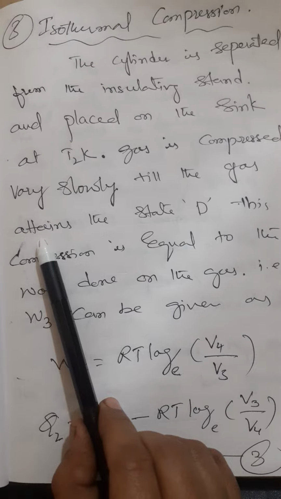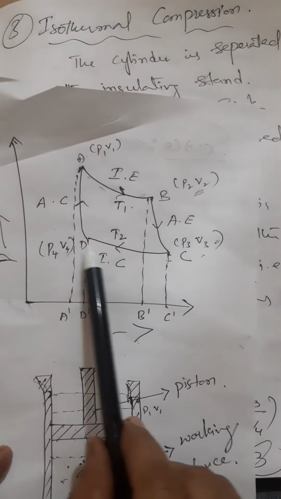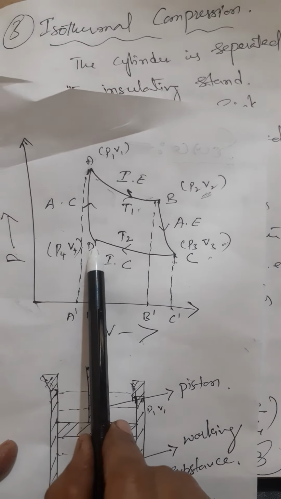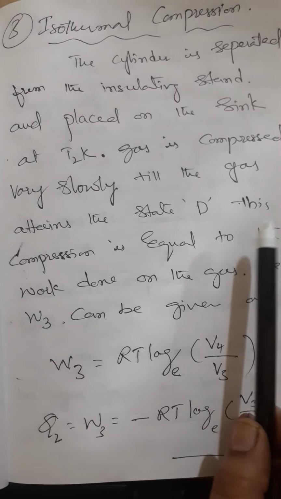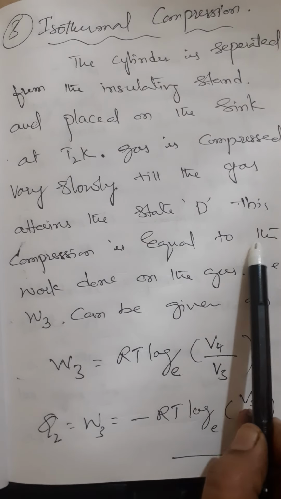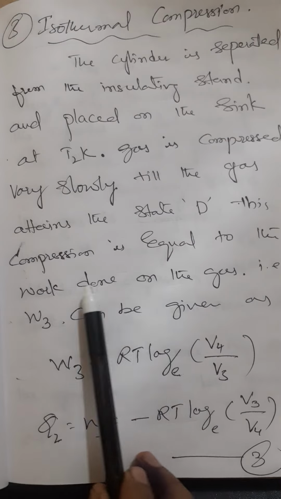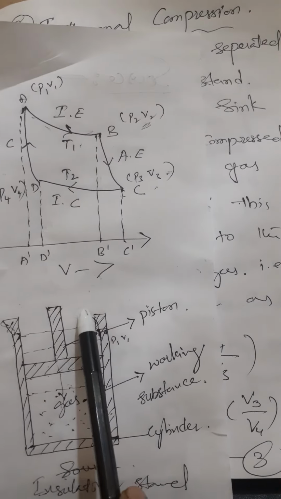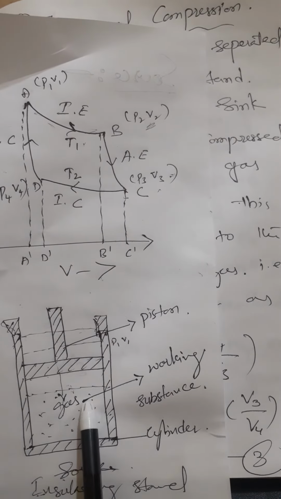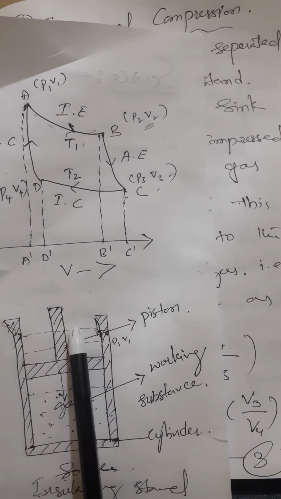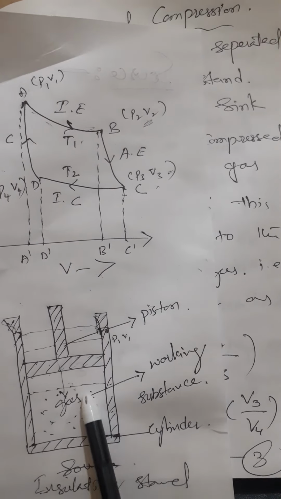So the gas is compressed till it attains the state D. When you move the piston downward, work is done on the gas.